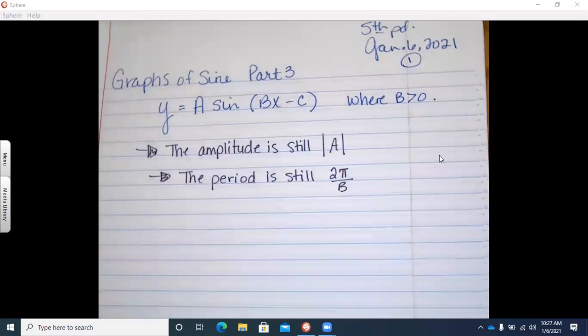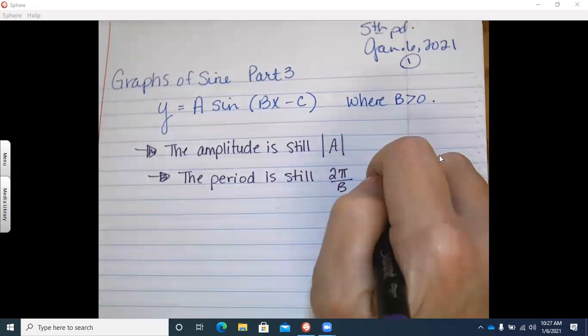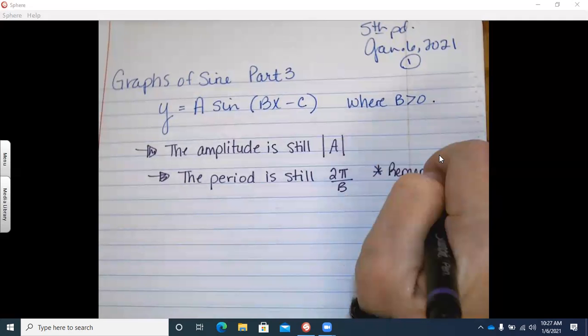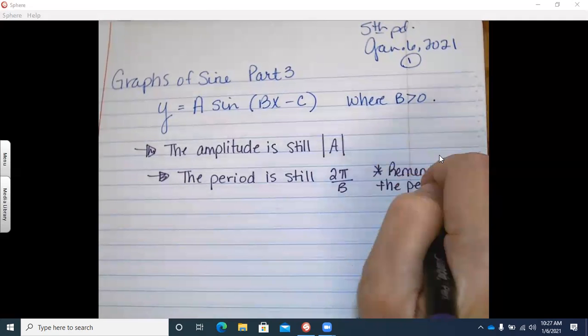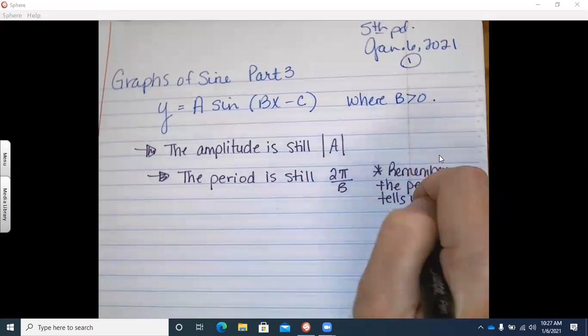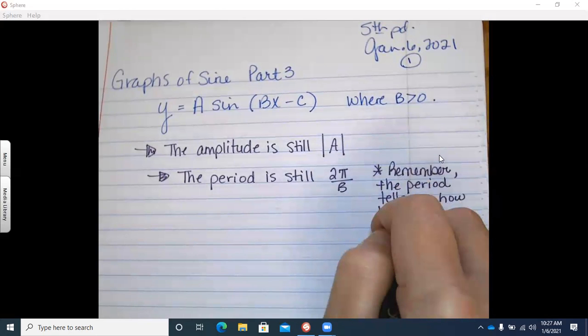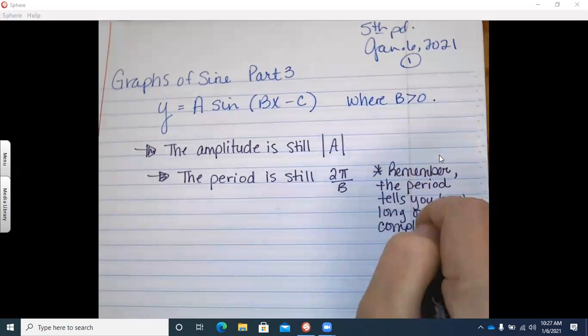And remember, period tells you how long one complete cycle is. So if b is 1, our regular normal period is 2 pi, right?